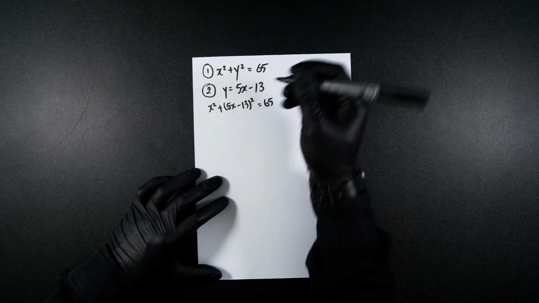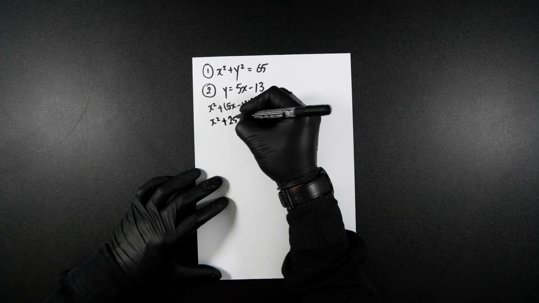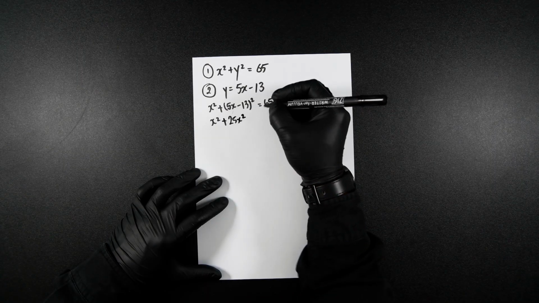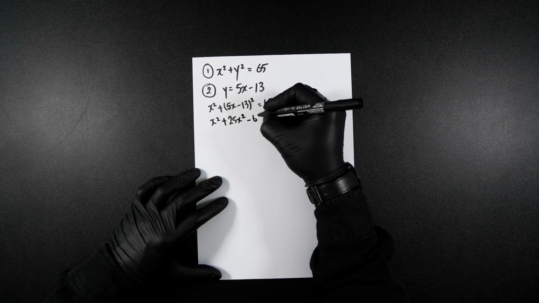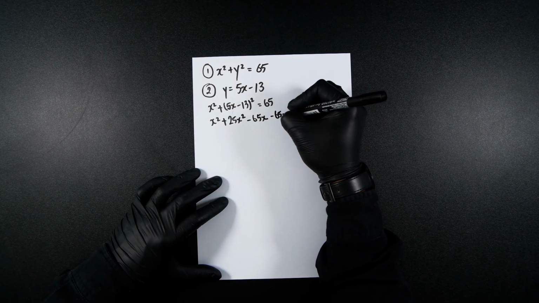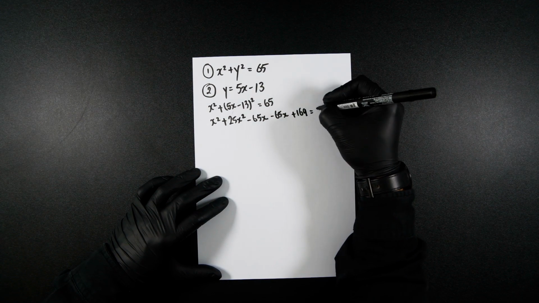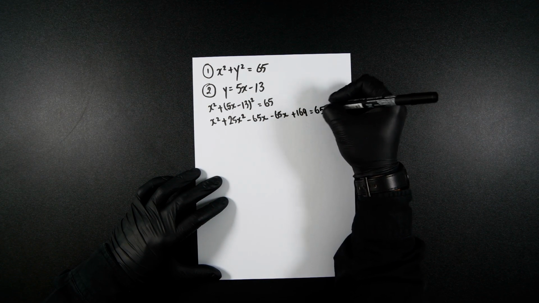We can now expand these brackets. So you're going to get x squared plus 25x squared minus 65x minus 65x plus 169, which equals 65.